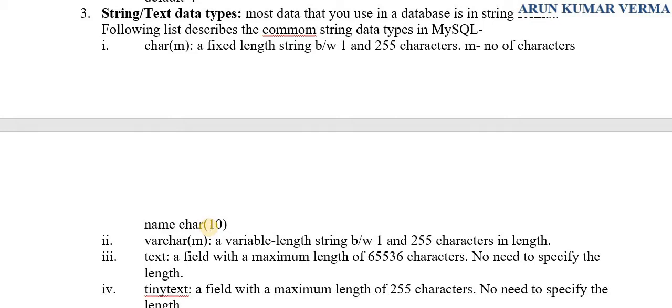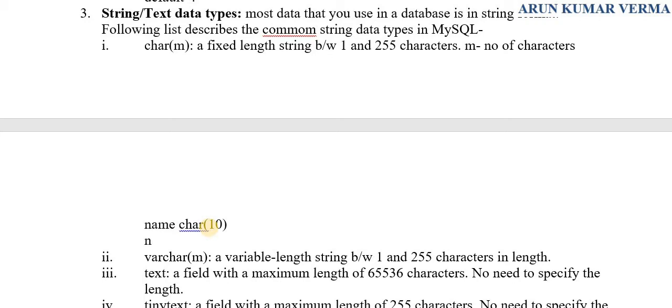Okay, and next, suppose you have a name in the form of varchar. Length of this is also 10. So what is the difference between char and varchar? If you use the char data type, in this case the length of 10 characters will be fixed.